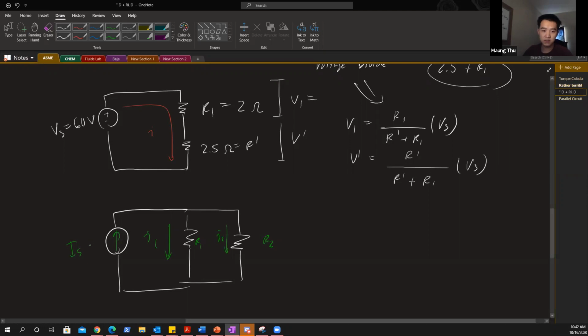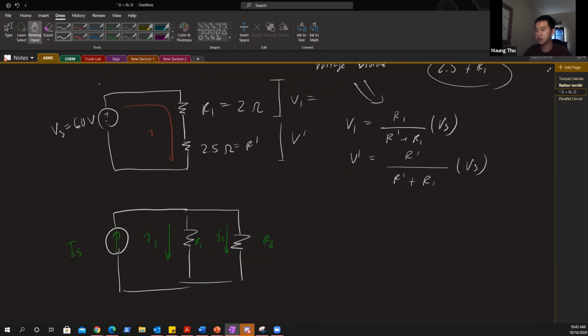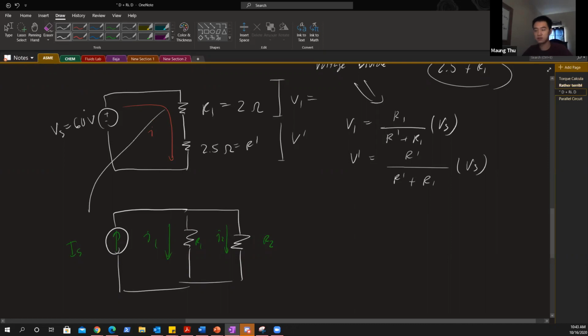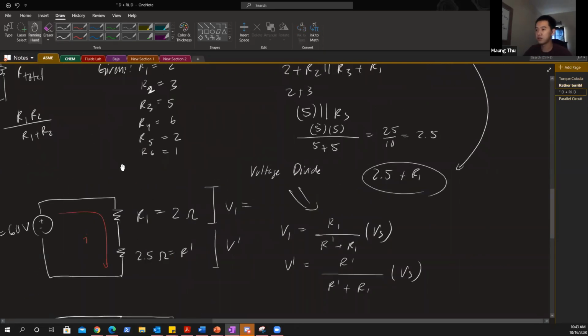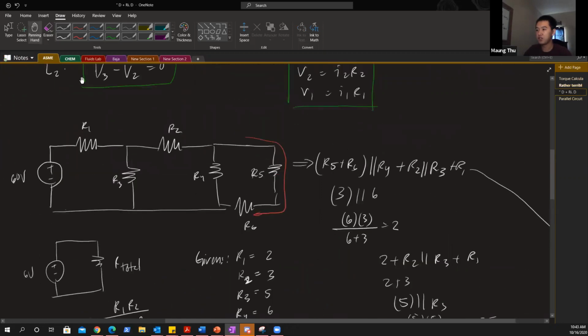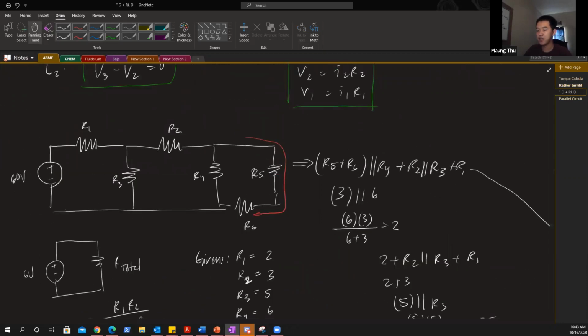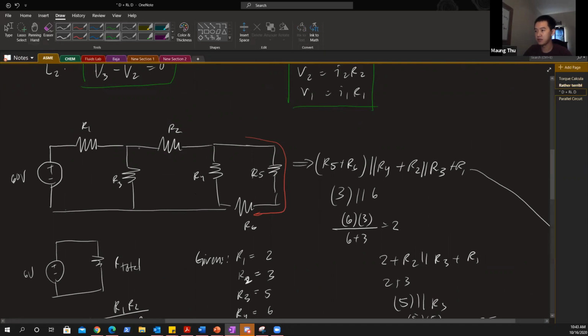You're like, what is an I source? We've never seen that before, or have we ever used it before, right? So think of I source as this. Just consider this is what I'm saying.